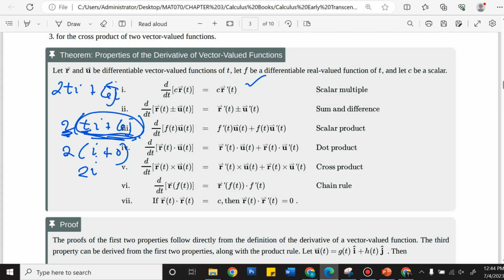Okay, so next, the fourth property, class: whenever we multiply two vectors, similar lang gihapon, derivative of the first, copy the second, plus derivative of the second, copy the first.